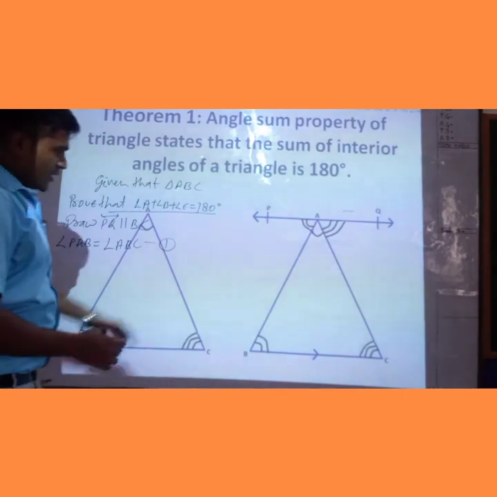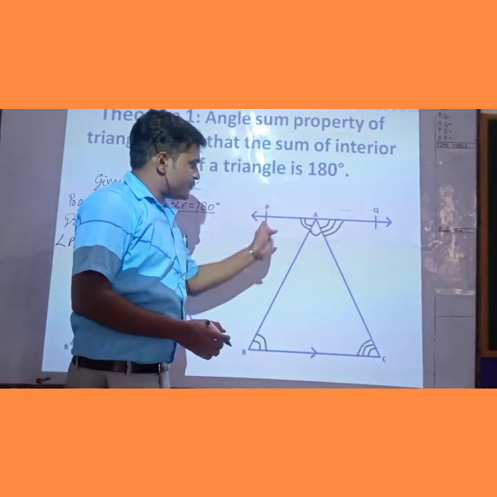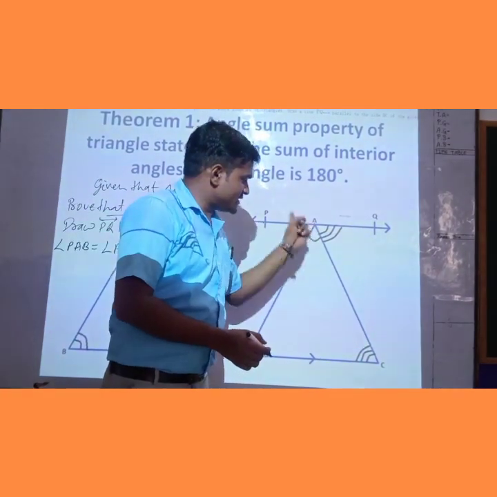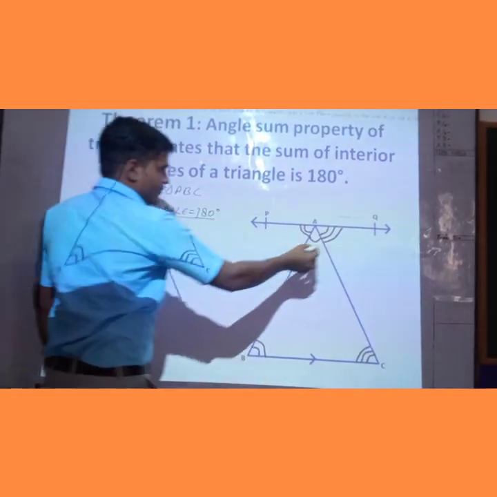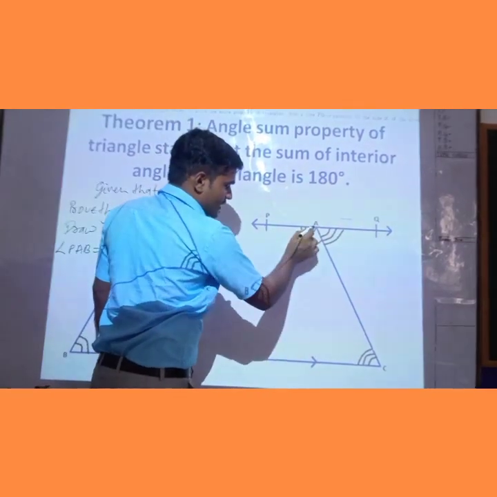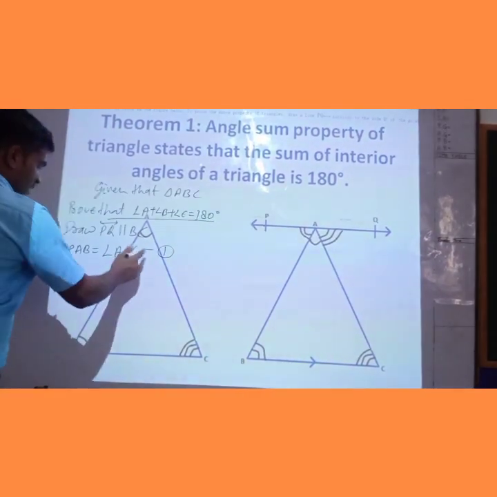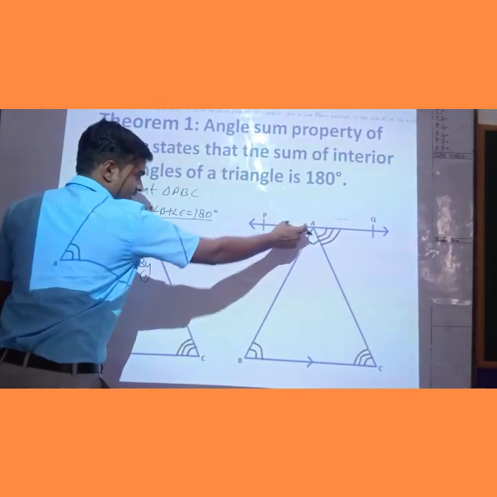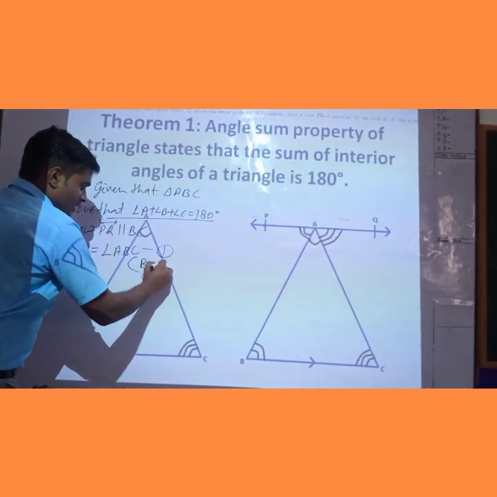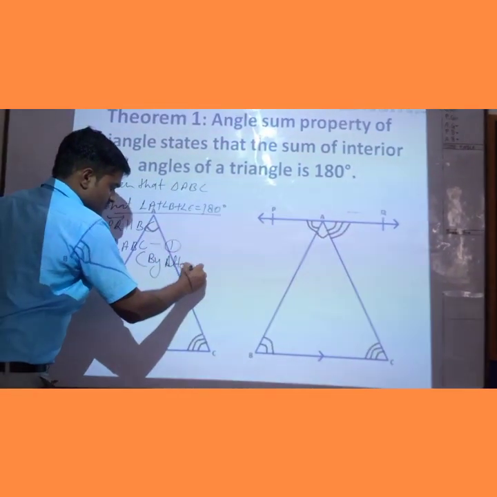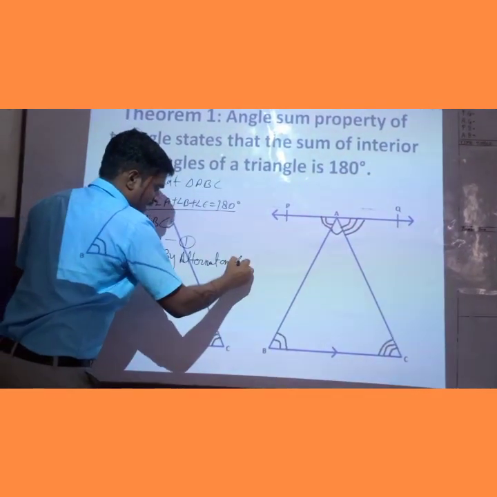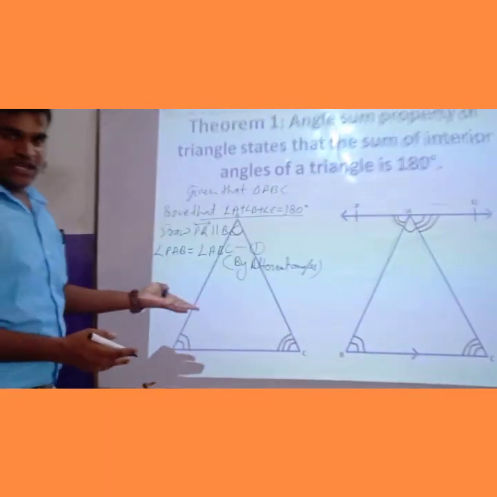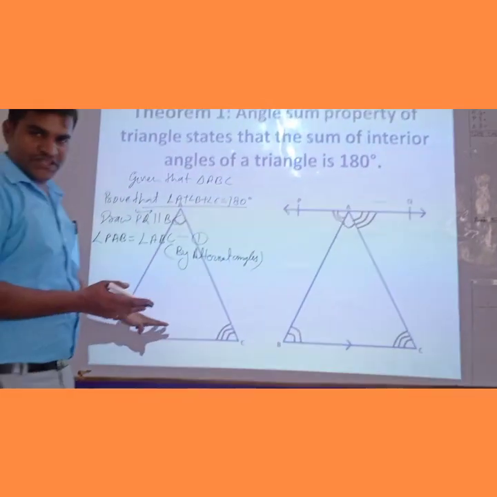Now, since BC and PQ are parallel and AC is a transversal, angle QAC and angle ACB are equal. How are they equal? Angle PAB and angle ABC were equal by alternate angles, because these are alternate angles and the lines are parallel. We know that alternate angles are equal; earlier we proved it.